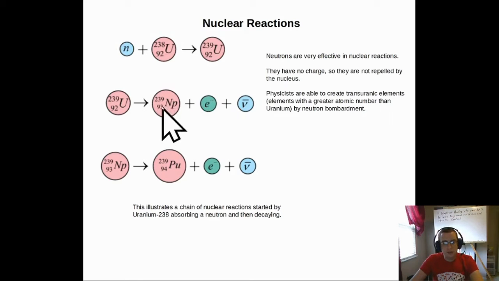Notice the proton number went up. That's just because a neutron converted into a proton. To balance out the charges, we have to have an electron, and there's a neutrino going out for conservation as well. Then neptunium on its own will also beta decay and make plutonium. So by simply adding one thing, we can create more elements directly from that.